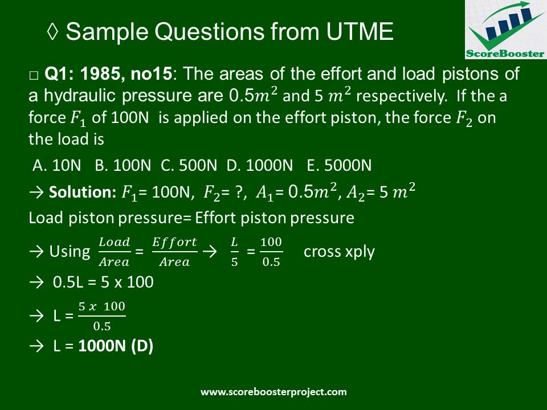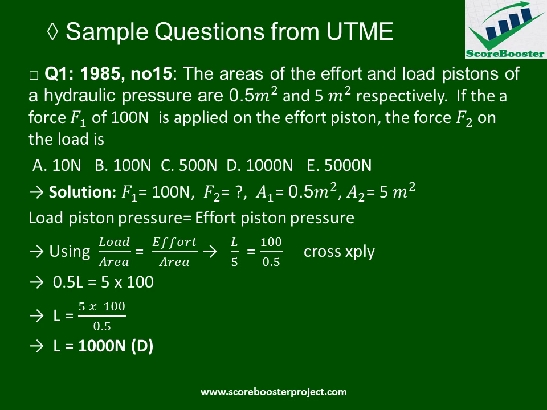Now on to solution. The F1 here represents the force on the effort, which is equal to 100 Newton as given from the question. Then the F2 represents the force on the load, which is unknown. That is what they have asked us to calculate.